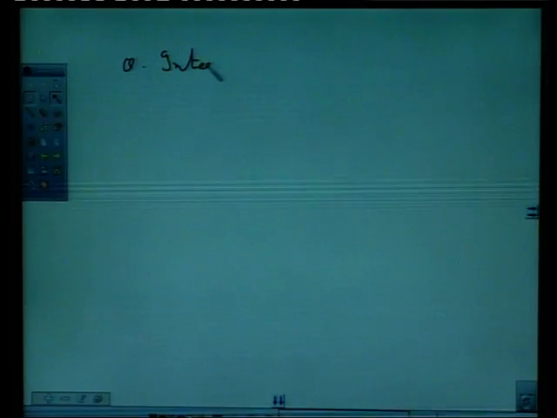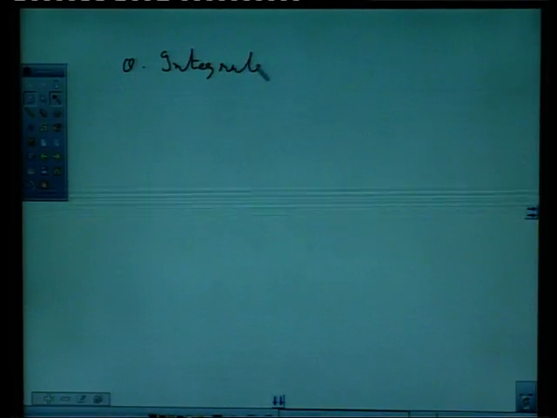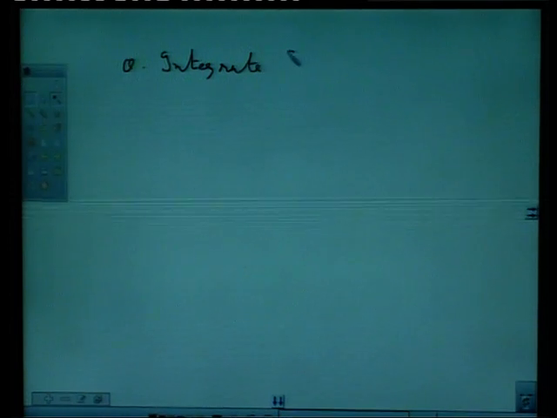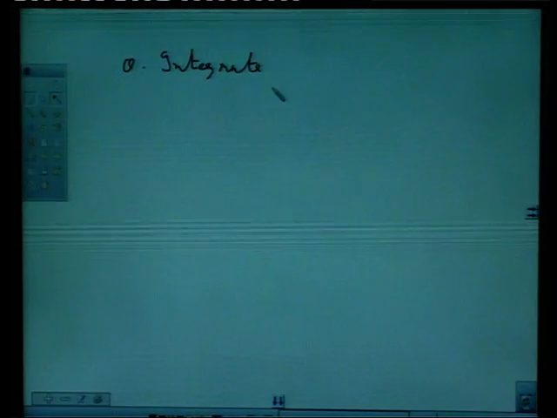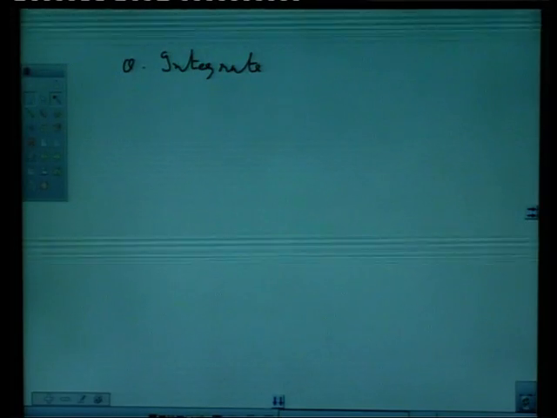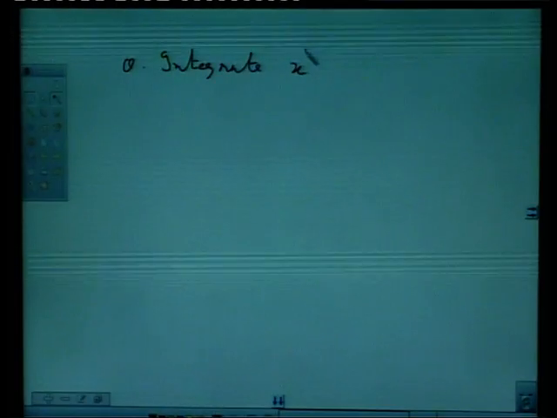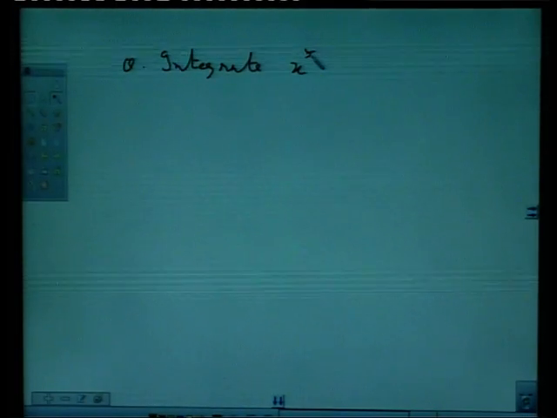integrate x raised to power 5 upon 2. No need to write the sign of integration.